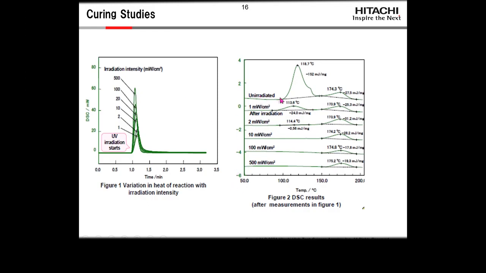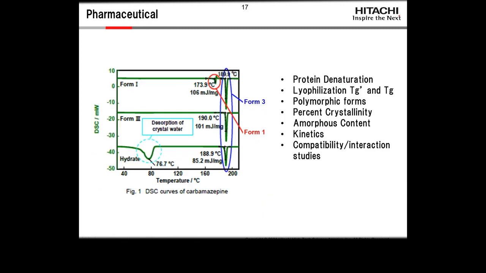And then if we were to reheat the material, we can see unirradiated material gives us a very big energy of curing. And as we increase the irradiation, it gets lower and lower. And then when we're using really high wattage, we see nothing, and we just see the melting of the material itself. So DSC lets us study this in the instrument so that we can model our processes pretty exactly.